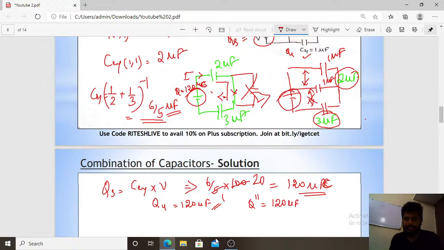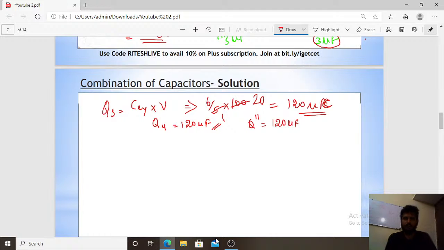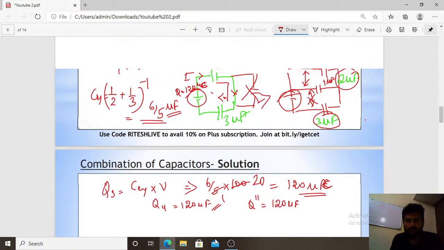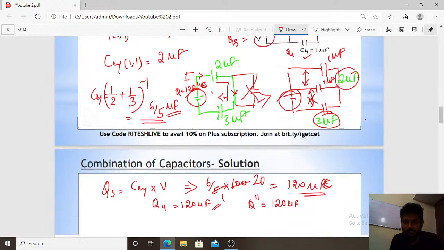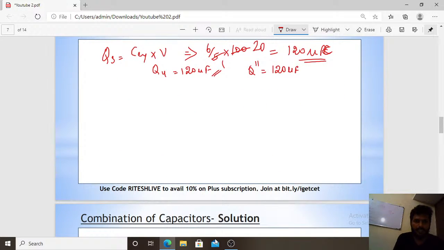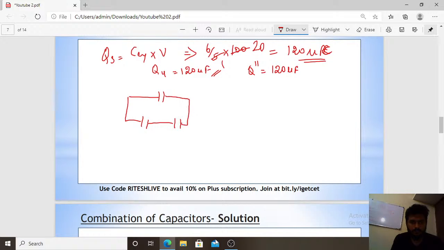Okay, let me rewrite the diagram because it will cause some confusion, right? So first we had a diagram. First we write the diagram. So this is the diagram we had. Here we had one.